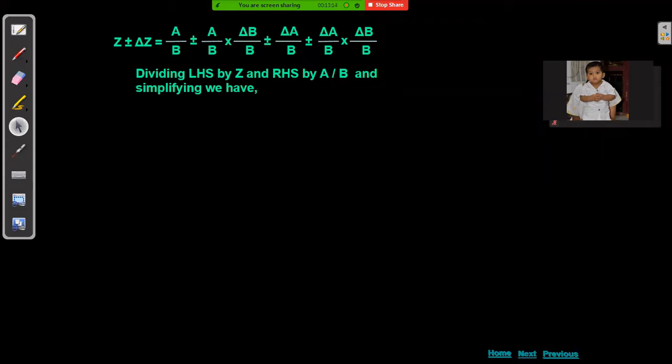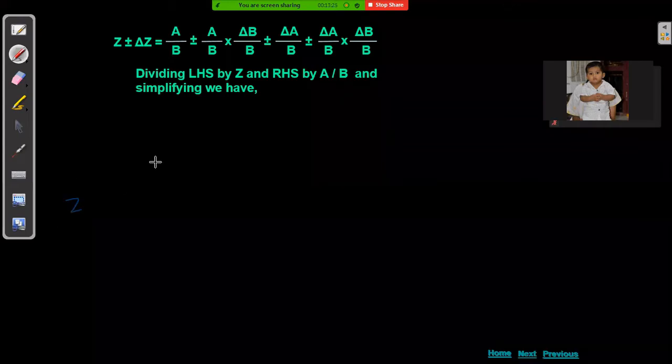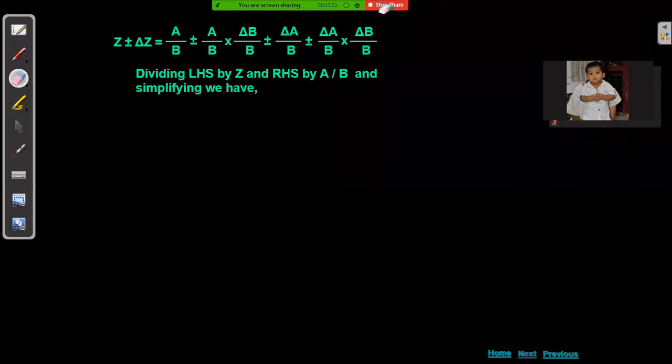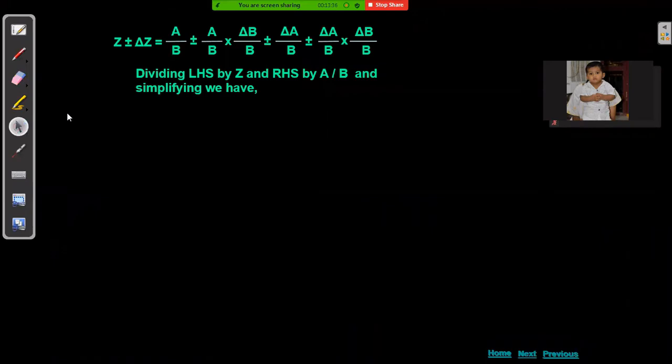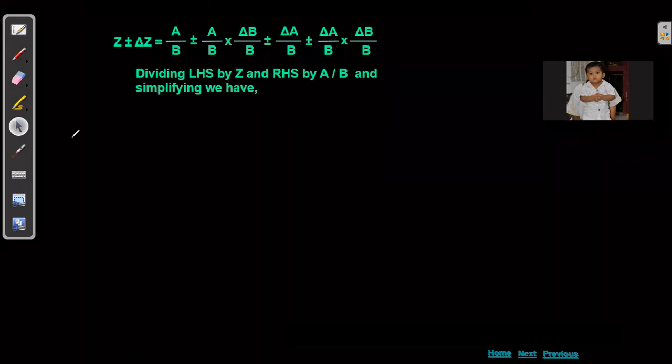Now, if I divide the left side by Z, I'll take a white background so it is clear. So we have to divide the left side with Z. I'm writing here Z plus or minus.